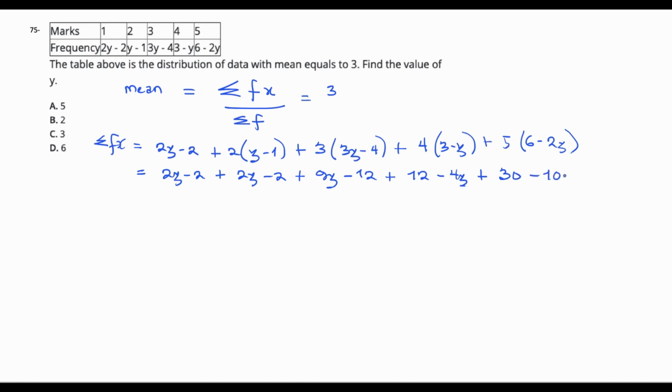So now if we collect like terms together, we have 2y plus 2y plus 9y minus 4y minus 10y.